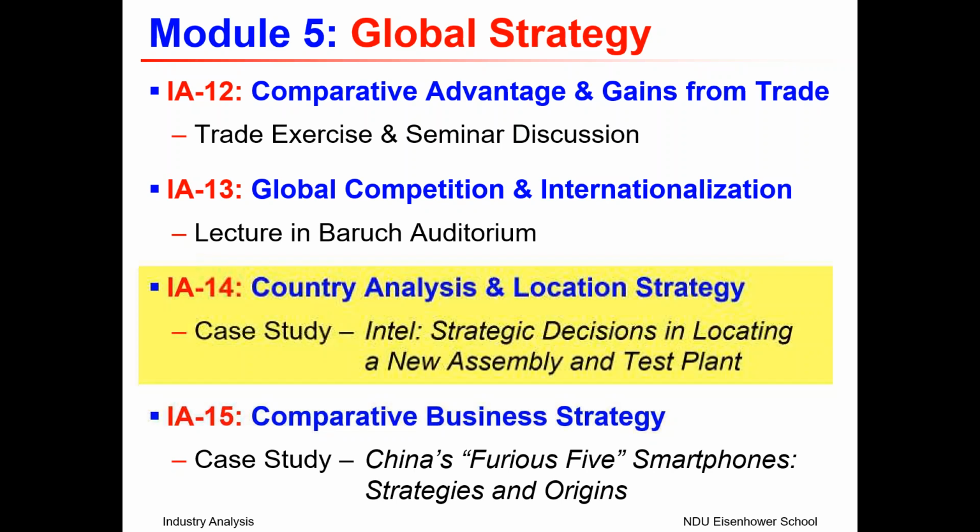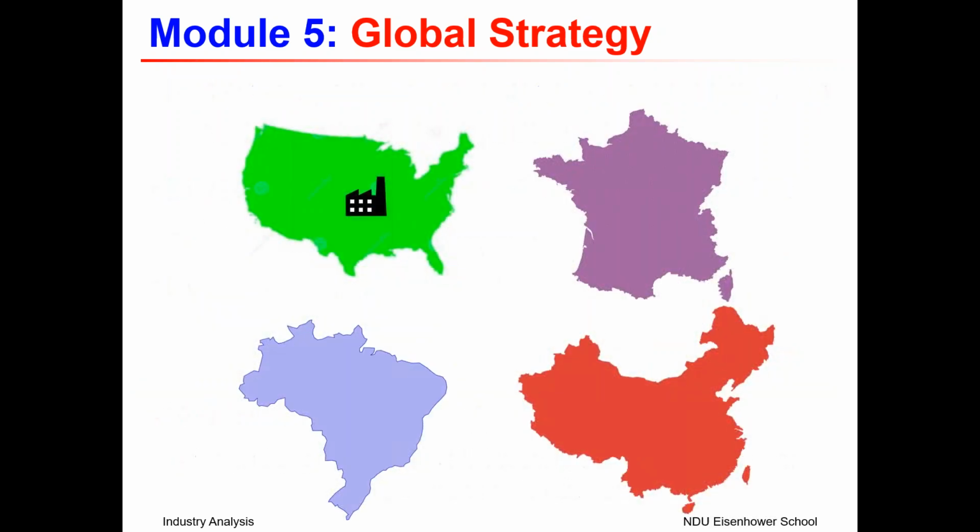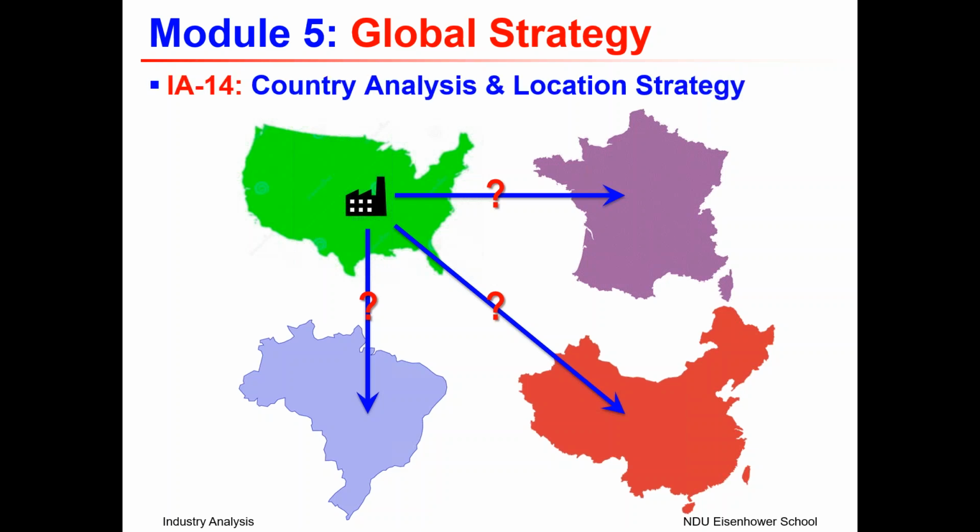And then now we have our first case study of the module, a country analysis and location strategy decision. The idea is a firm deciding where to locate some element of its value chain, some activity, some plant, some facility, some portion of what it does. So that's the theme of lesson 14.